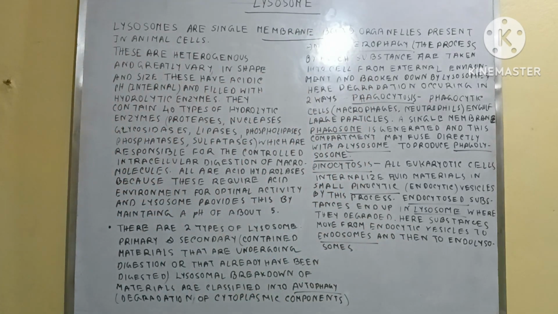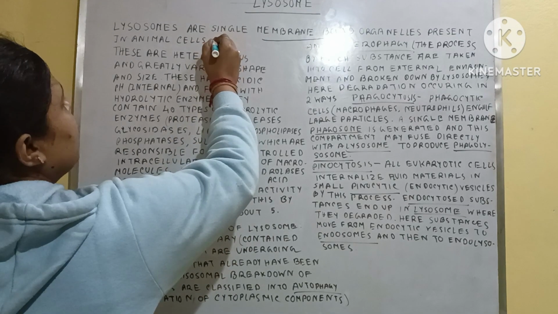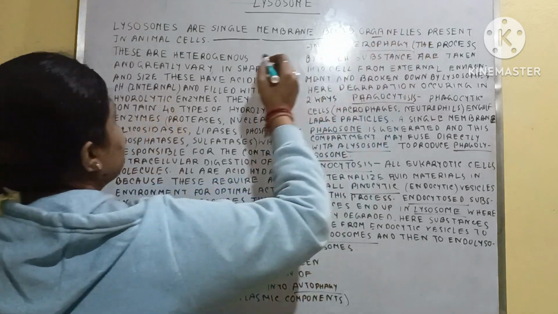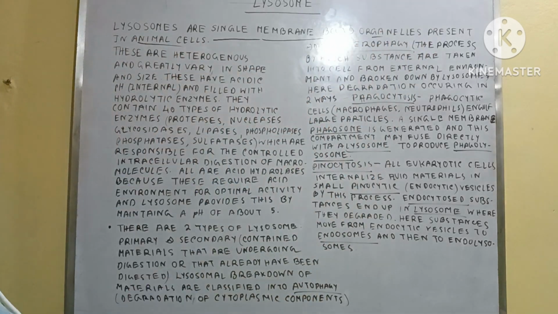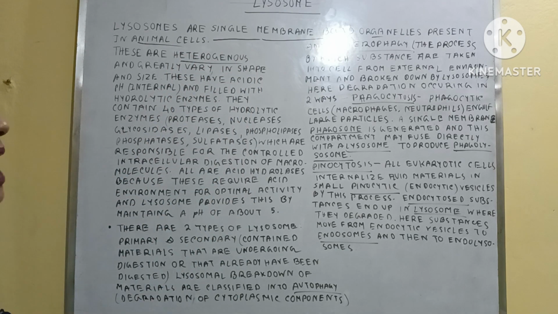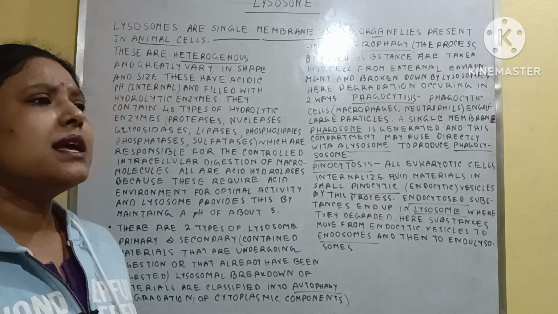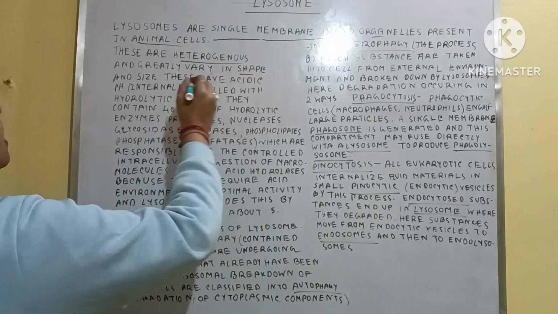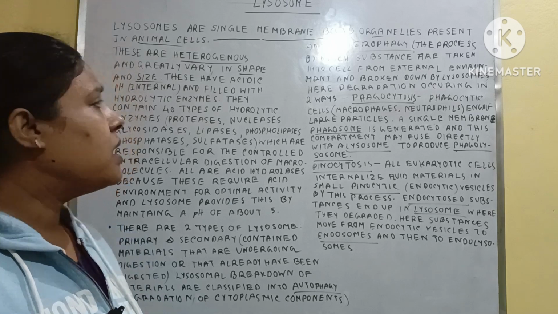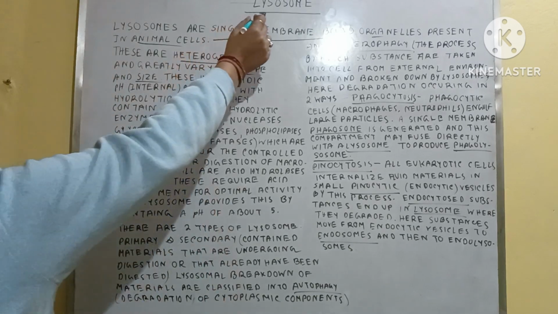Now we will start with the lysosome. This is actually a single membrane bound organelle that is present in animal cells. These are heterogeneous. Heterogeneous means not all the same. That means the size and shape always vary in the case of lysosomes.